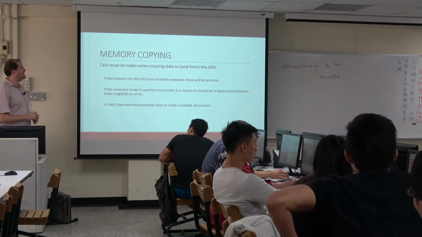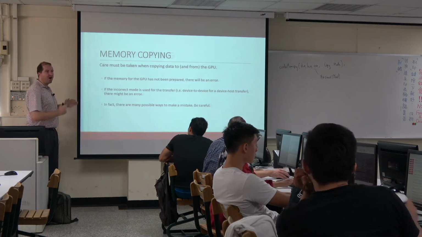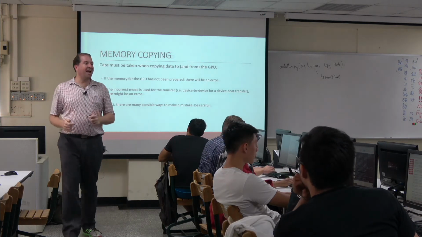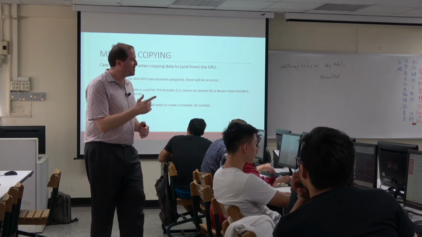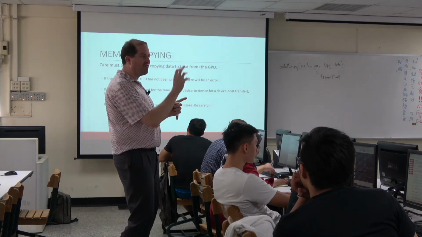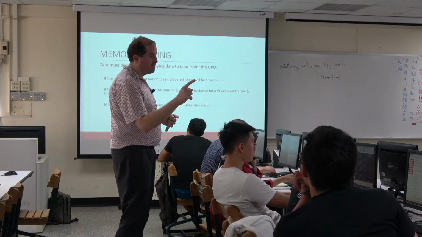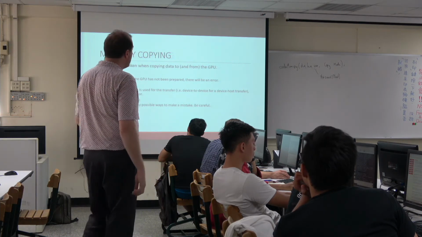So, there are many, I like this one. This is 3 examples on how you can create errors. If you have not allocated memory on the device, if you haven't used CUDA-malloc, but you try to use CUDA-memcopy to copy information across, there's going to be an error. But it won't tell you. If you try to use the incorrect mode, there will be an error.